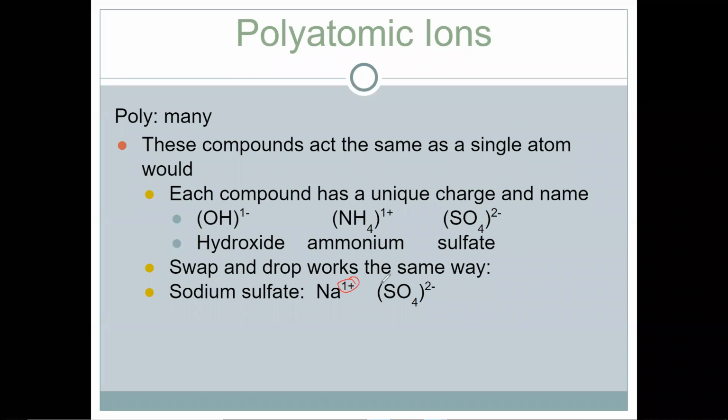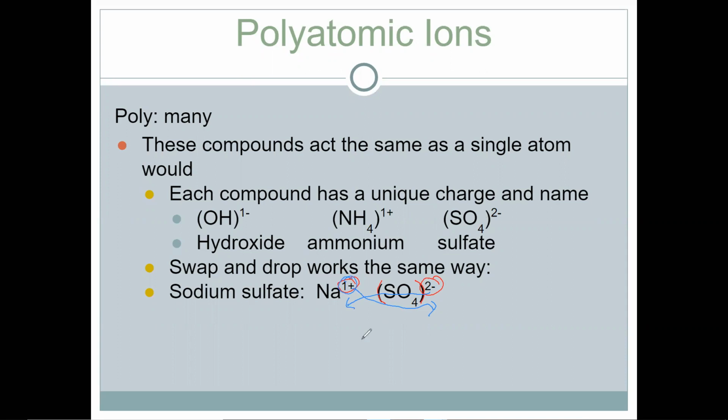Sodium has a +1 charge because it's in group 1. Sulfate, I just told you, has a -2 charge. You see that sulfate's in parentheses, so nothing inside these parentheses is going to change, but you can still do swap and drop. This -2 is going to get brought down and over. This 1 is going to get brought down and over to the outside of the parentheses.